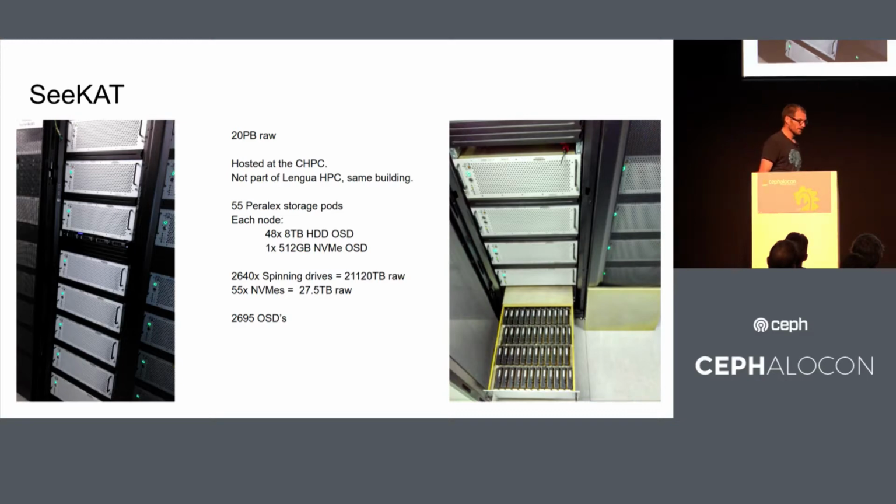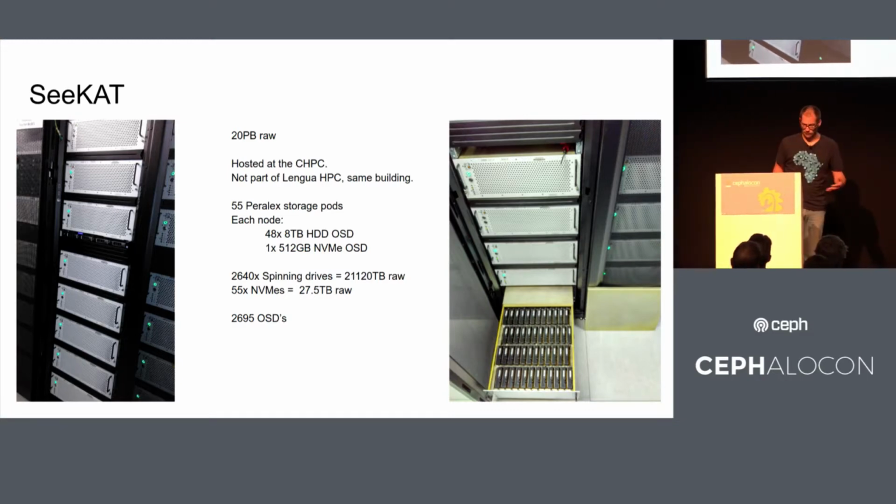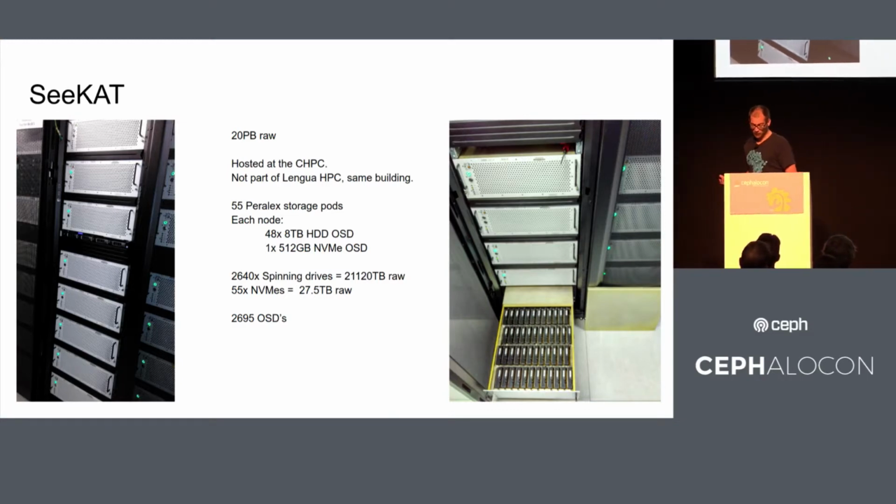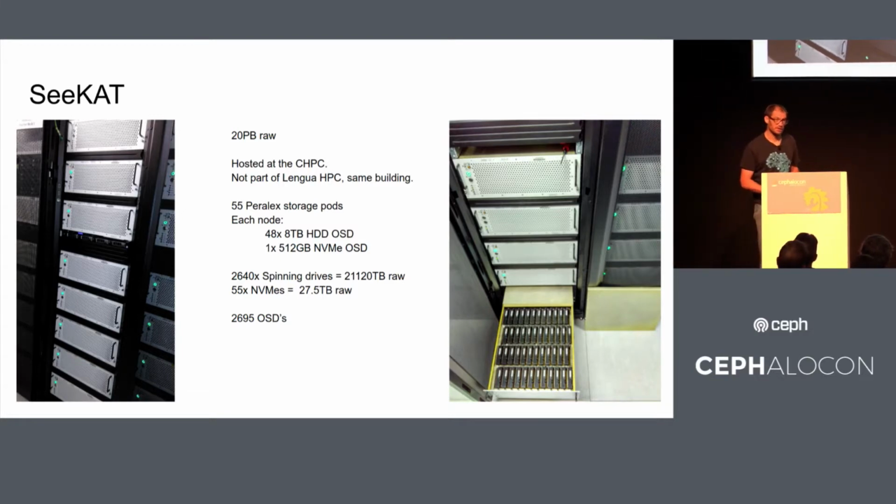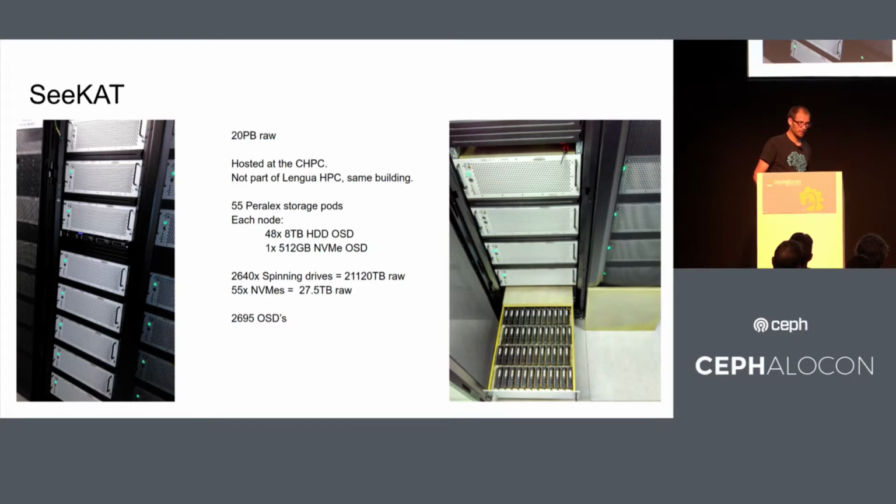Since the main cluster in the Karoo is called MeerKAT, we've dubbed the one in Cape Town, which is close to the ocean, SARAO. At that site, we've got about 20 petabytes. That would be the raw capacity of storage. It's comprised of 55 of these storage boxes.